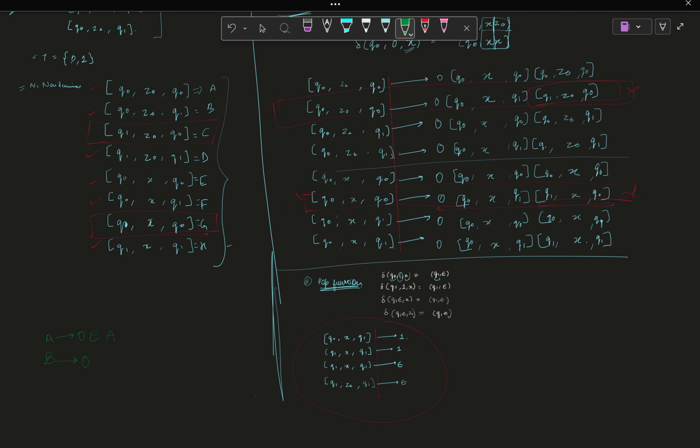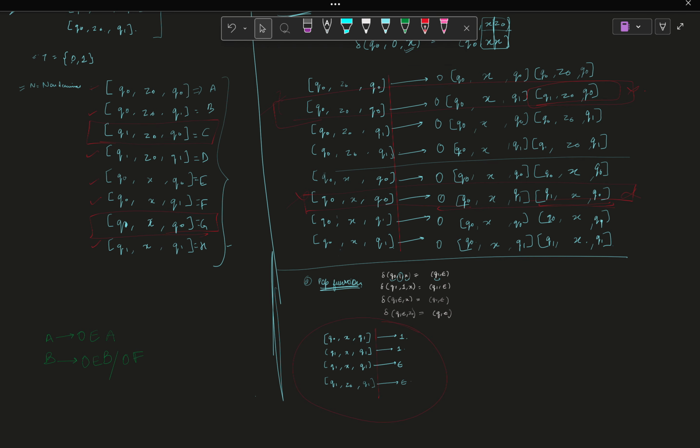So Q naught X Q naught is E. And then we have Q naught Z naught Q1, which is B. And there's also one more production rule for B: Q naught X Q1, which is F, and Q naught X Q naught Z naught Q1 Z naught Q1.